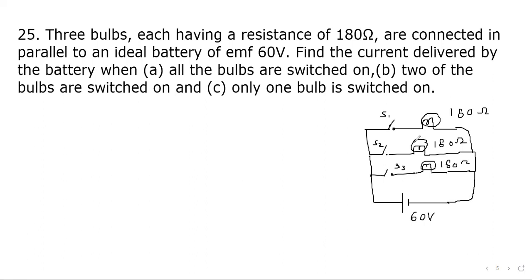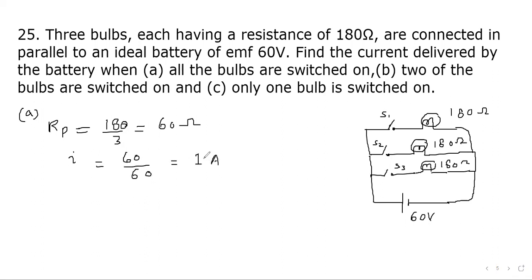Now, when all three switches are on, in that case, there will be three resistances of 180 ohm each. So Rp will be equal to 180 upon 3, that is 60 ohm. Suppose this is case A. In this case, current I will be 60 volt divided by 60 ohm. So that will be 1 ampere.